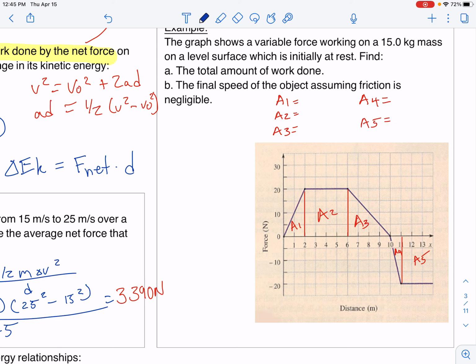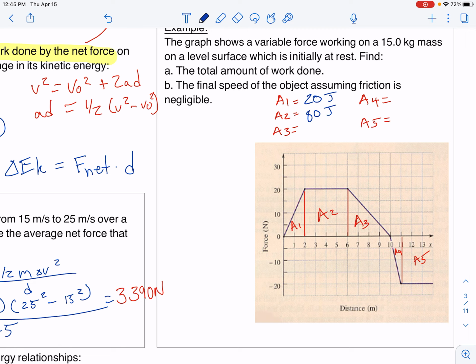A1, 2 times 20, half. A2, 4 times 20, 80.